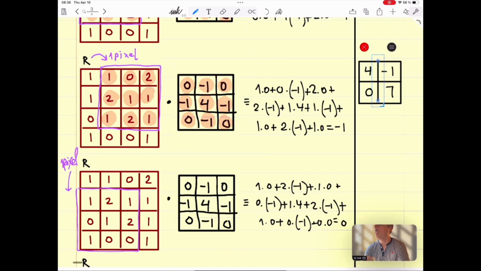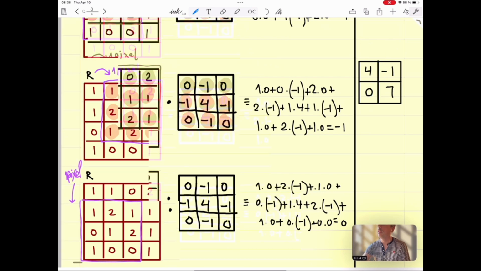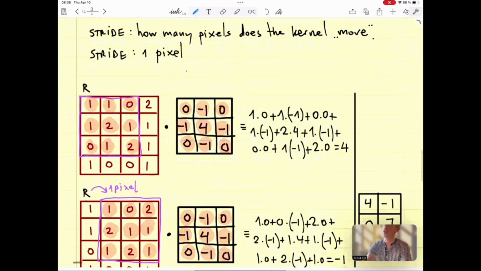It's basically the same logic we did the other day. Instead of inserting one vector into our convolutional network, we are inserting a matrix right now, a red channel of an image.